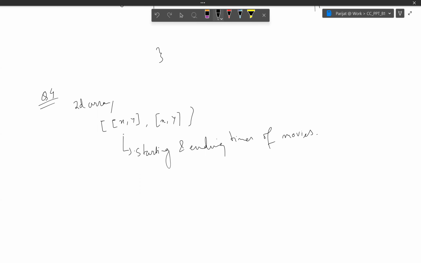So you have to find the number of movies you can watch completely. Or rather, find the maximum number of movies you can watch completely.